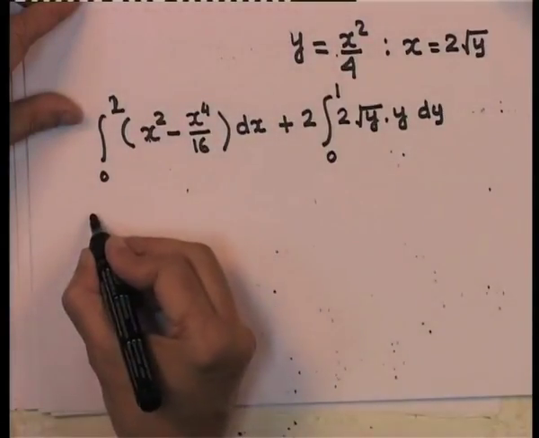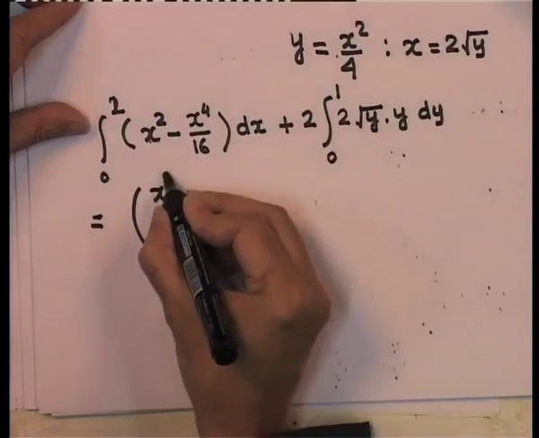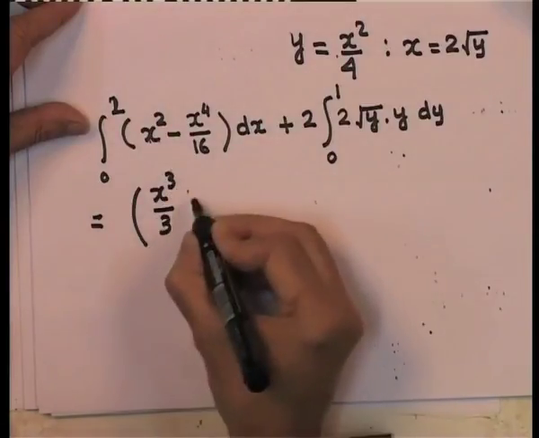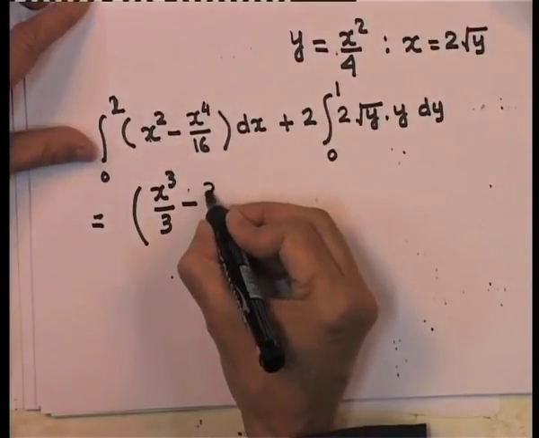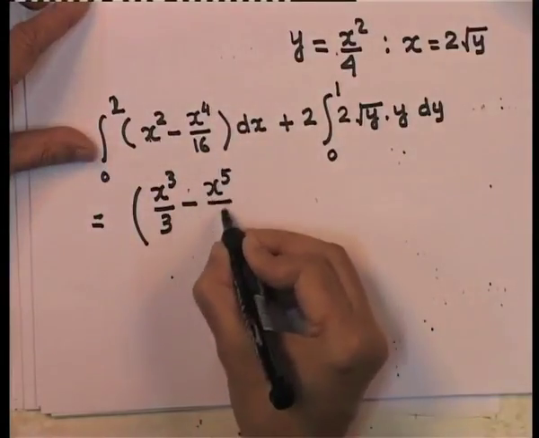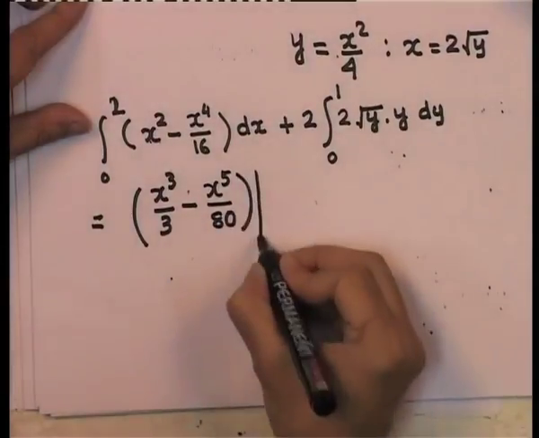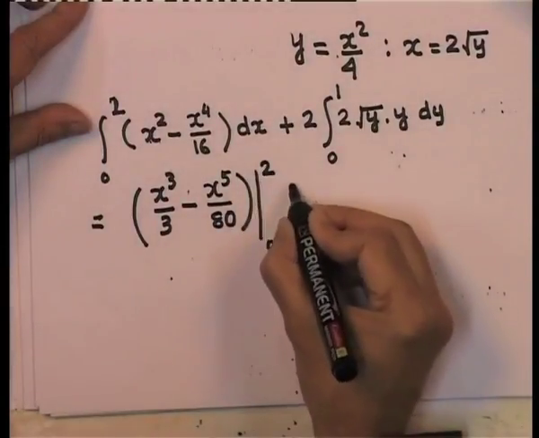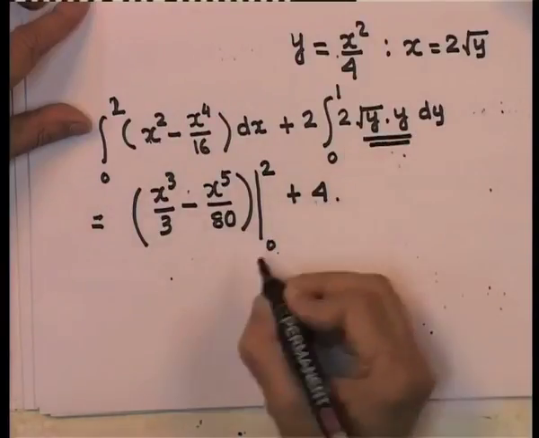So, if you compute this now, this is very straightforward. X square is x cube by 3, x to the power 4 is x to the power 5 by 5, which gives me x to the power 5 by 80. Limits are from 0 to 2, and this is 4 integral of y to the power 3 by 2.